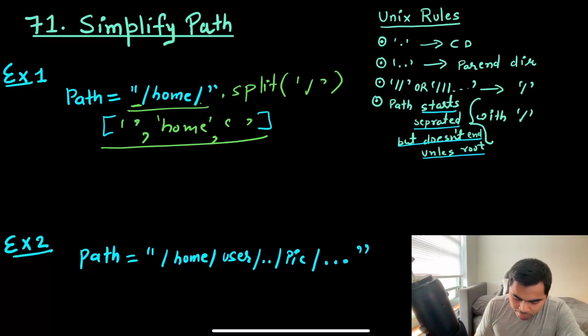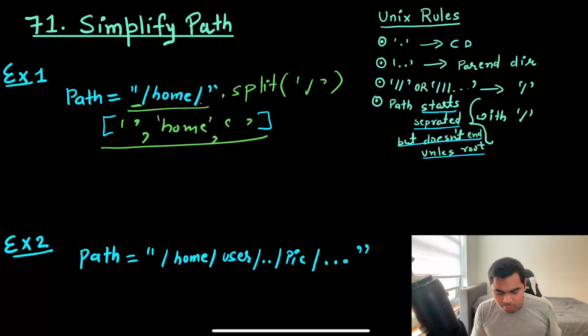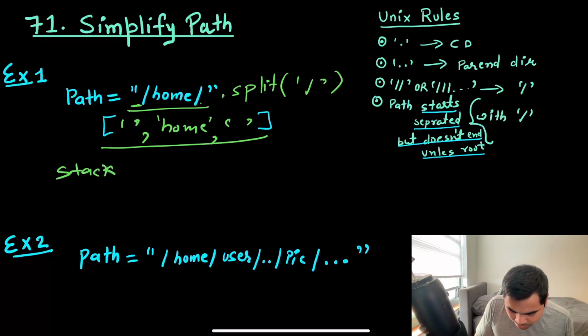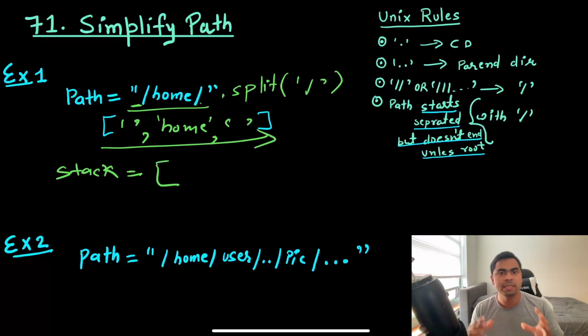Now this is a very simplified path name, but we're going to have a stack to append all the values that we see. Basically, I just want to see path names. Everything else I want to ignore for now. If I see a single dot, I want to ignore it. If I see two dots, I want to pop from my stack, because that means I am going to the parent directory again.